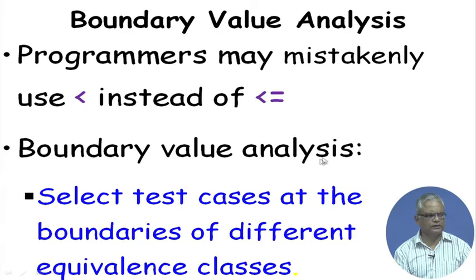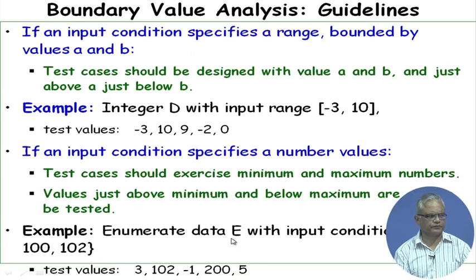So, at the simplest, boundary value testing implies we select test cases on the boundary of different equivalence classes. I said the simplest because you have to also consider the other value, namely the value that is just inside the boundary as well.